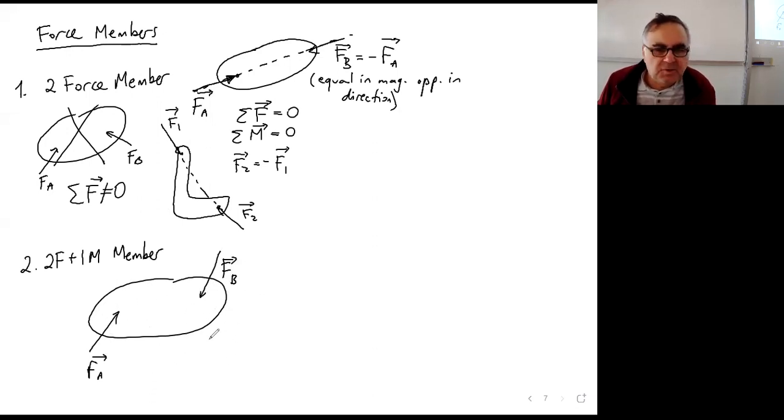First of all, you have to have FA plus FB vectorially equal to 0, which means that FB is equal to minus FA, that's for sure.